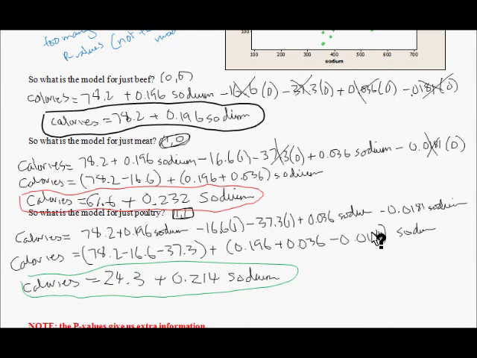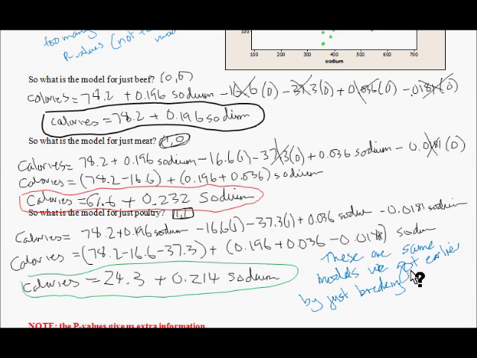If I ignore that 1 here from the extra digit for the sodium, but same thing. So these are the same models we got earlier by just breaking up the data into the 3 types.